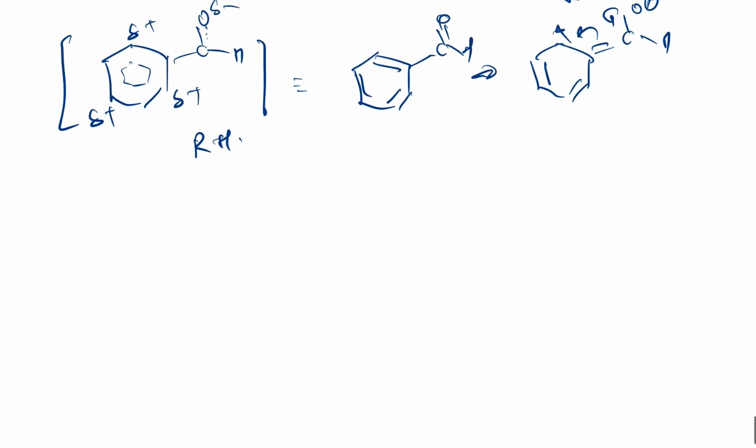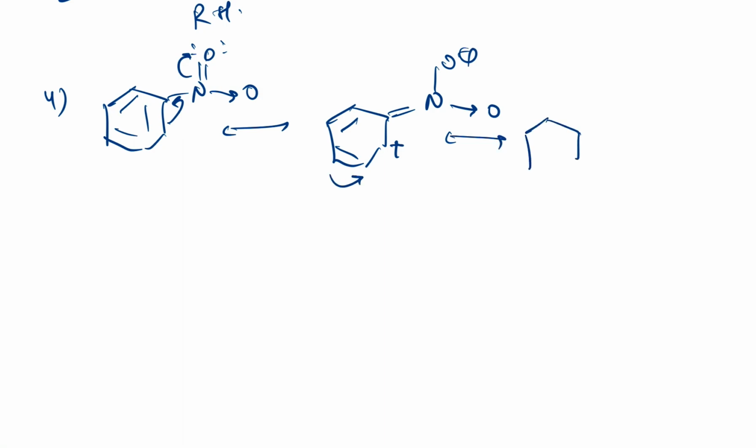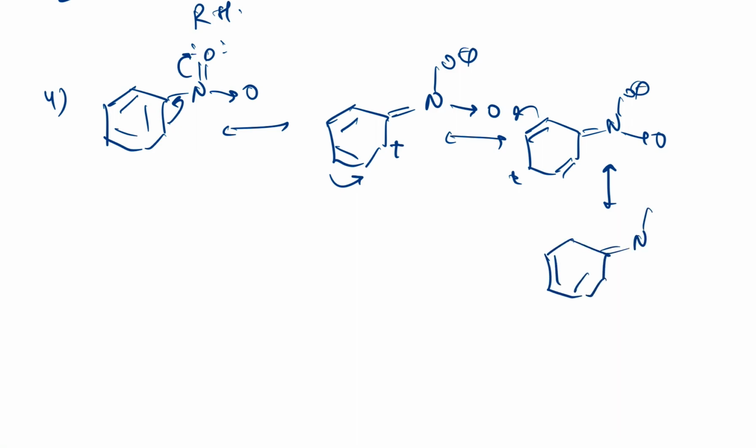A similar case is nitro, nitrobenzene. In nitrobenzene also, the initiation is not due to the lone pair, but due to the negative charge on the electronegative element. So it will be double bond N, O negative, and O with a positive charge. It will form like this, and here there will be a positive charge.